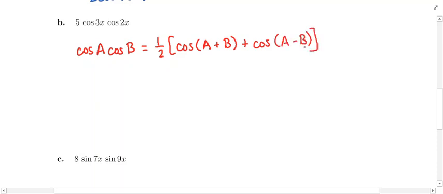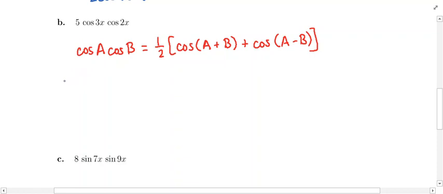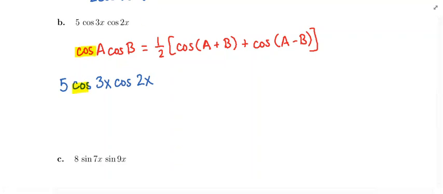All right, so now we have to kind of match up our expression with this identity. Okay, so I'm going to write down what we have and try to match it to the left side. We have 5 times the cosine of 3x times the cosine of 2x. Okay, so when we look at this, I see a match with the cosines and I see a match with the other cosine.